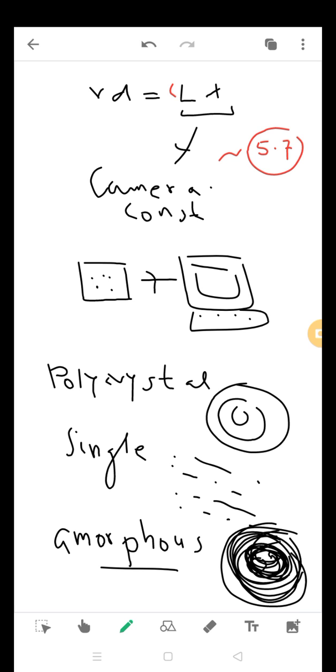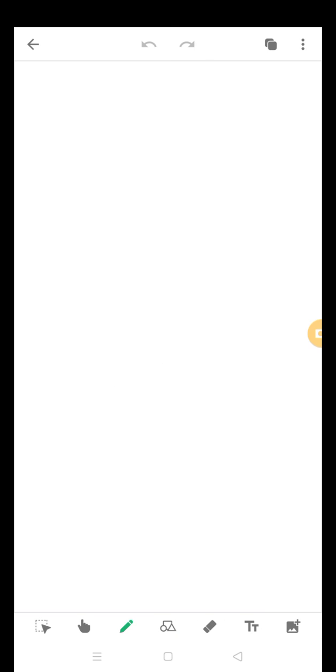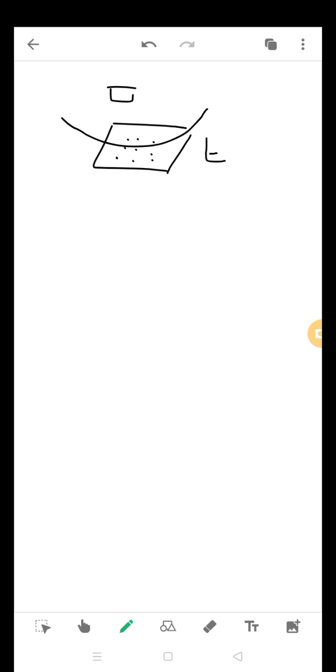Now, coming to the single crystal patterns. Say this is your specimen and this is your reflection sphere, the Ewald sphere. The single crystal pattern is basically the spot pattern.